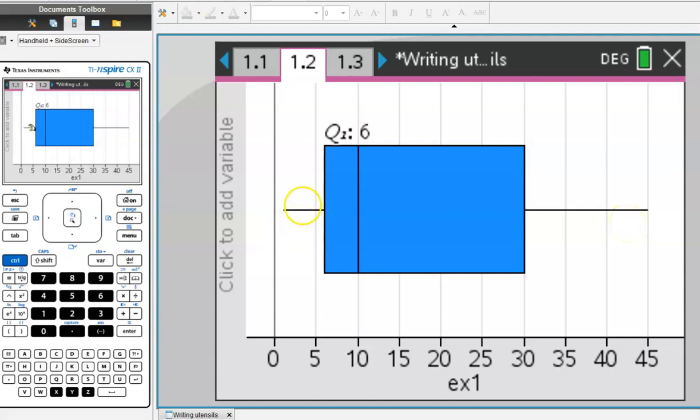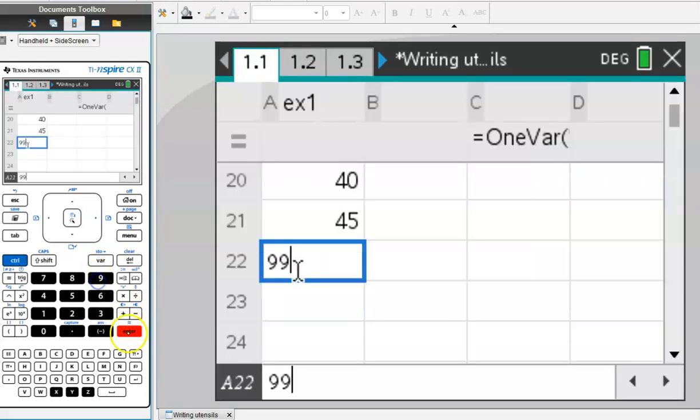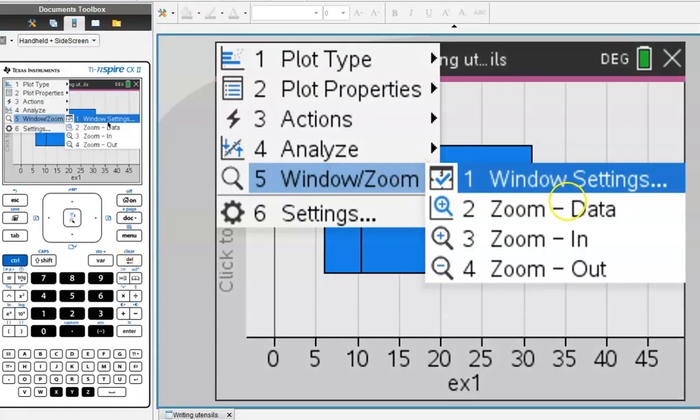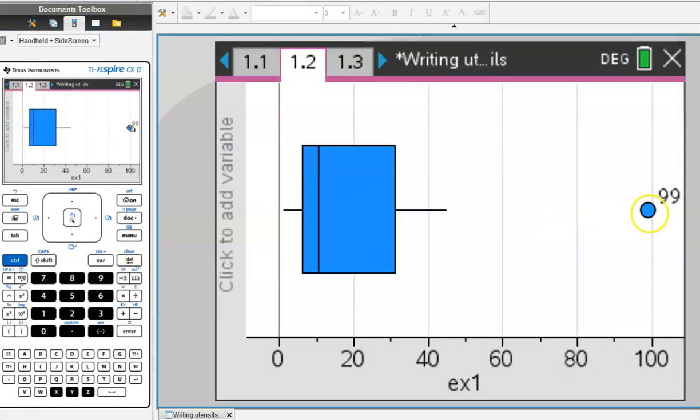The lines extend oftentimes to the minimum and the maximum, but if you have an outlier, they'll extend to the next lowest number. So again, if I add that 99 back in and I go back here, 99 would technically be my maximum, and the next lowest number would be the end of the whisker.